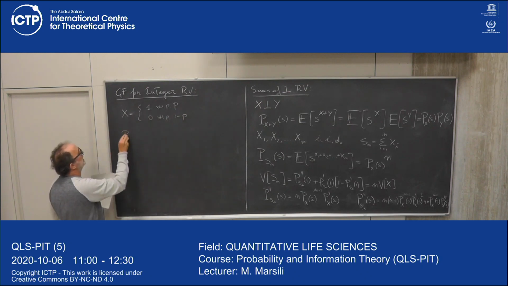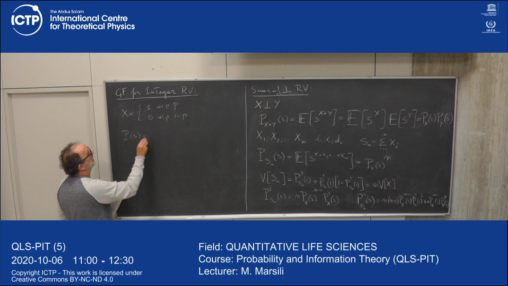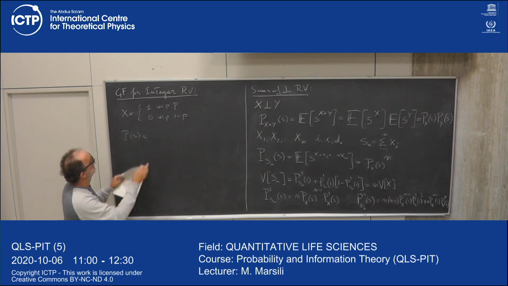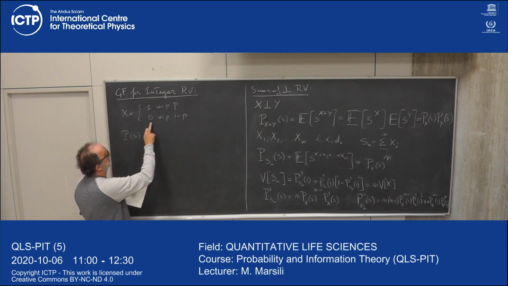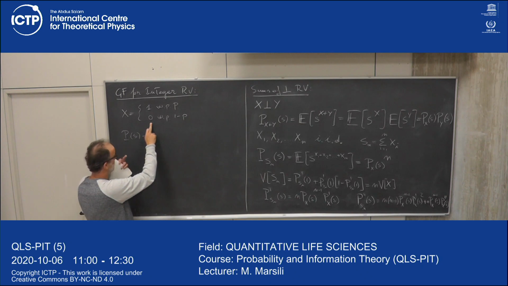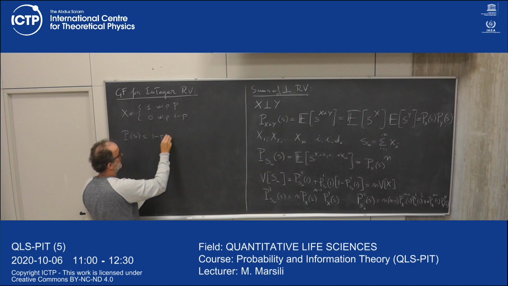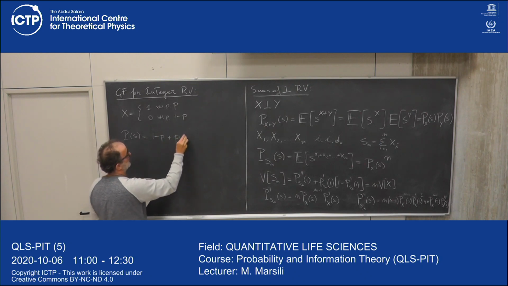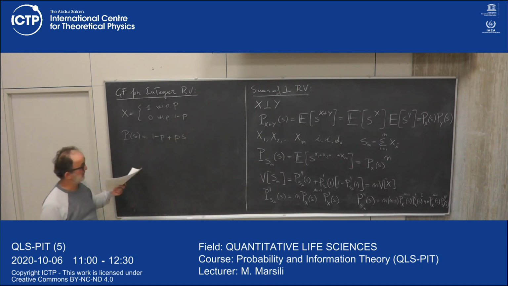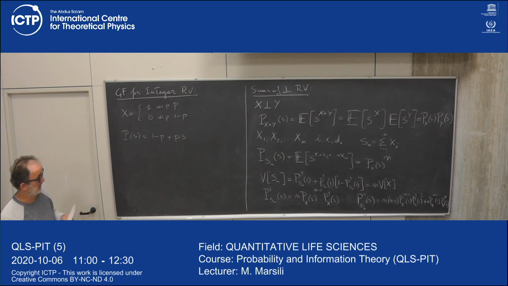Then the generating function is just the term s to the 0 with probability 1 minus p plus p times s to the power 1. Okay, so this is the simplest random variable, the simplest generating function.